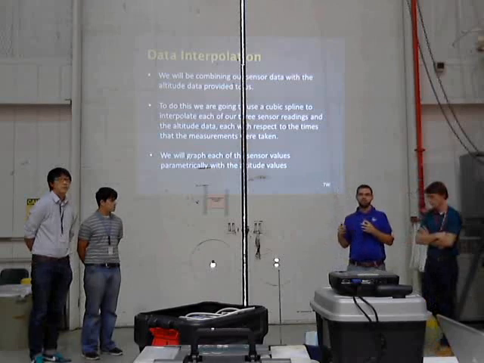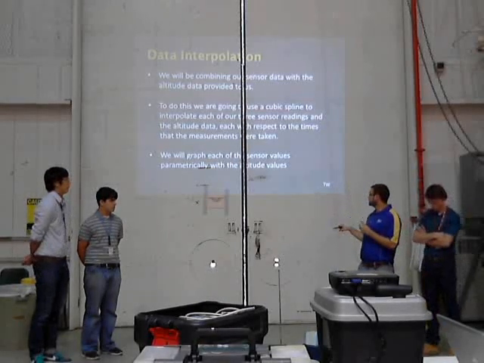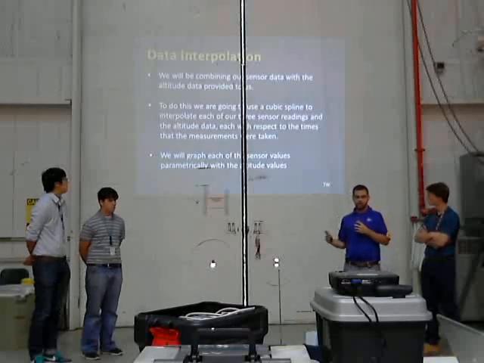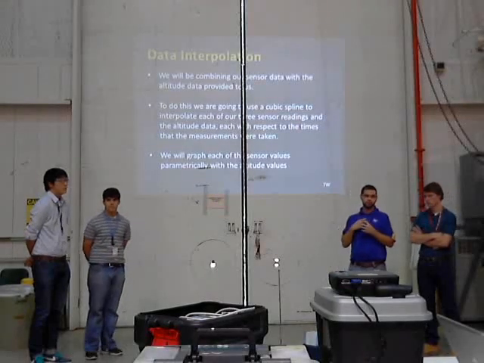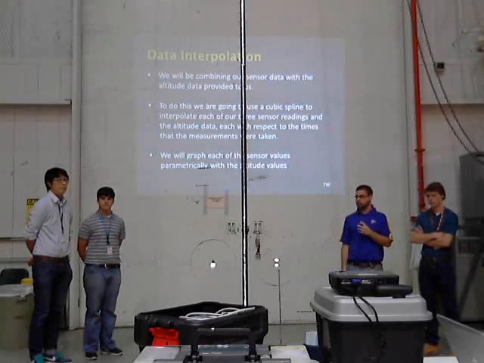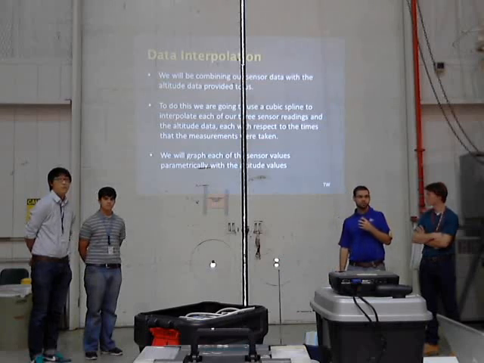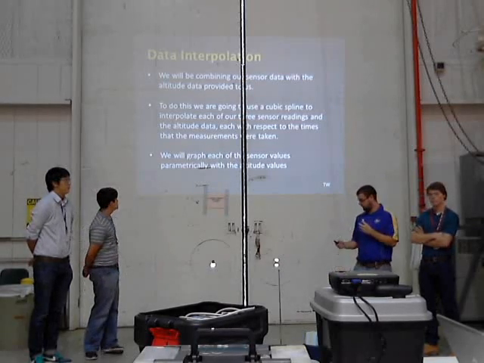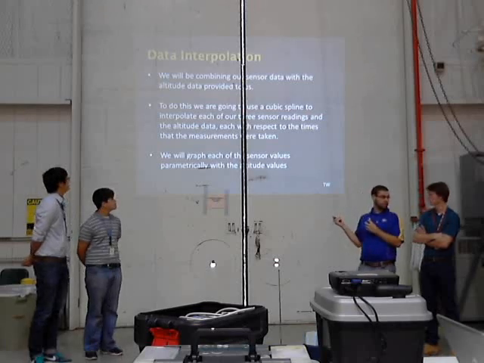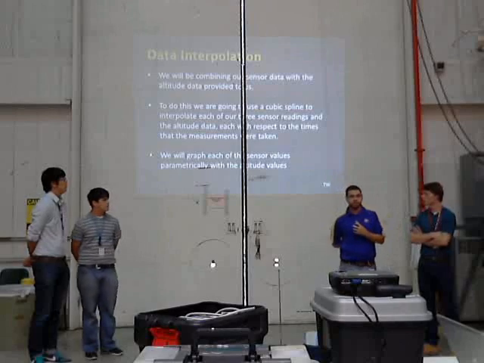It's going to interpolate and get 5,000 points, and then we can graph parametrically each of our data points against altitude using NuPlot, and that'll put out our graphs. They'll be saved, and we can take a look at what that data looks like once all that's done. At that point, that's everything we have. Is there another slide? That's it. All right, and that's all we have.